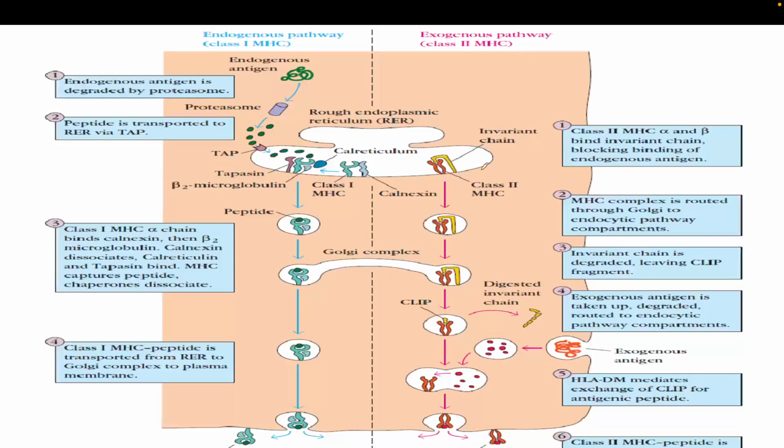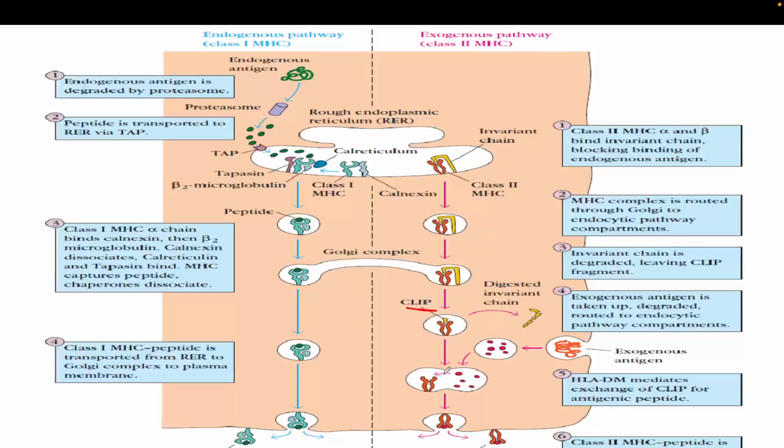Okay, so this will then make the late endosome, where the pH is acidic, and in this acid pH the invariant chain will be digested, and only a small part of the invariant chain, which is called the CLIP, okay, will remain here.